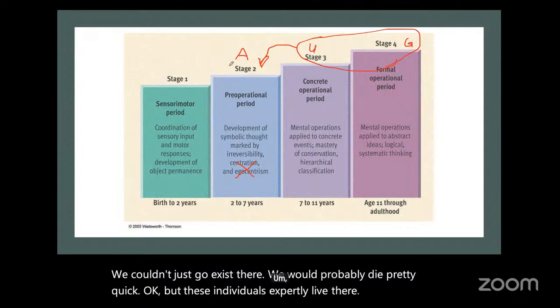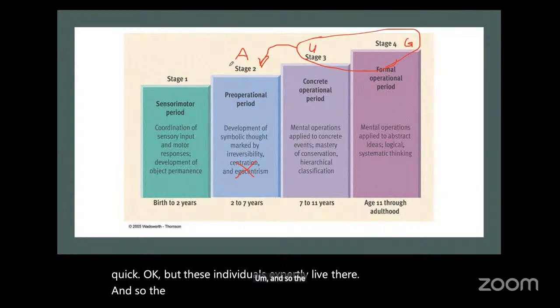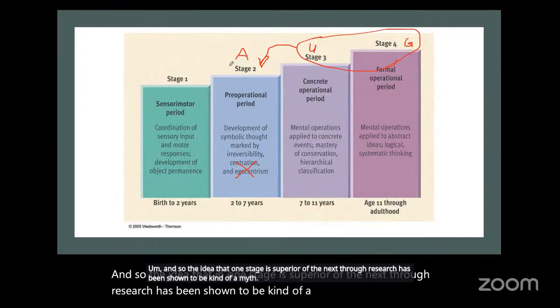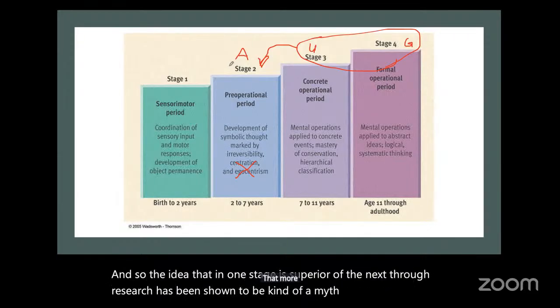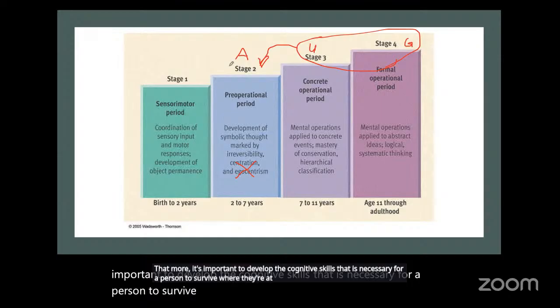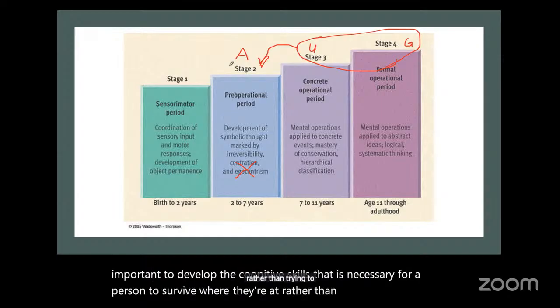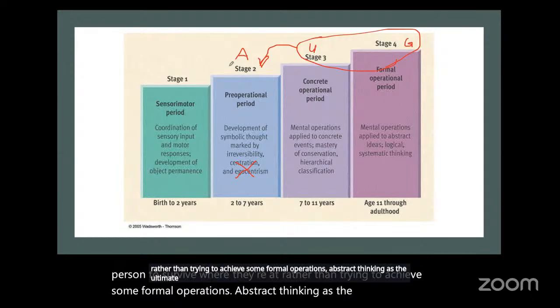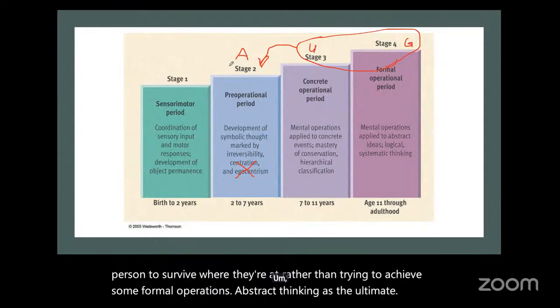And so the idea that one stage is superior to the next has been shown through research to be kind of a myth. It's more important to develop the cognitive skills that are necessary for a person to survive where they're at, rather than trying to achieve formal operations, abstract thinking, as the ultimate existence of human beings.